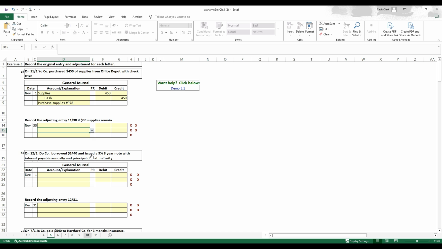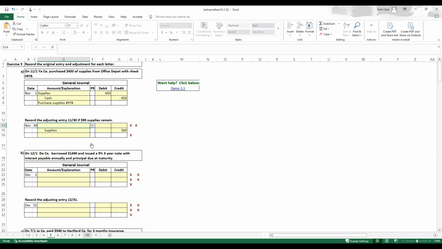To adjust the balance from 450 to 90, which is accurate now, we want to take the difference between those. So that's 360. So we're crediting our asset account of supplies by 360 to reduce it down to an ending balance of 90, which is what we found when we did our count.